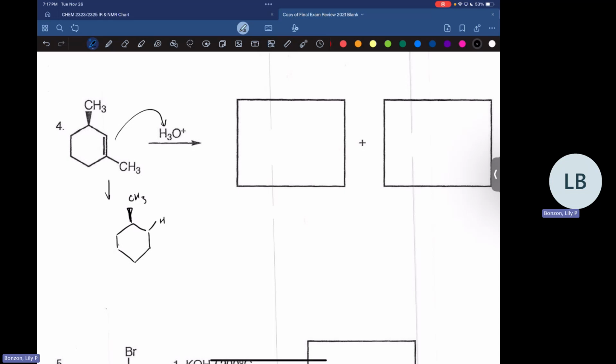So we'd add our hydrogen here. And then since the other side did not gain that hydrogen, it's now going to be our plus charge. So this one forms the planar carbocation, because that carbocation is sp2.